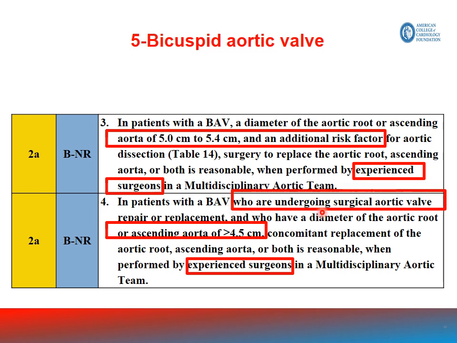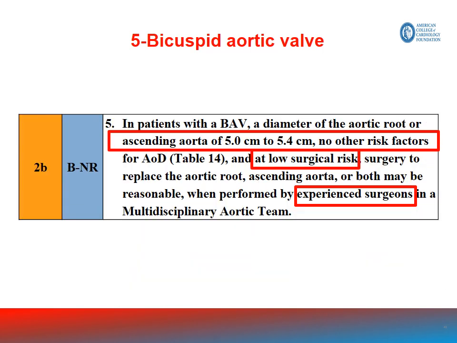Or patients with bicuspid aortic valve who are undergoing surgical aortic valve repair or replacement with concomitant aortic root diameter or ascending aorta more than 4.5 cm, provided that the surgery will be performed by an experienced surgeon as well.